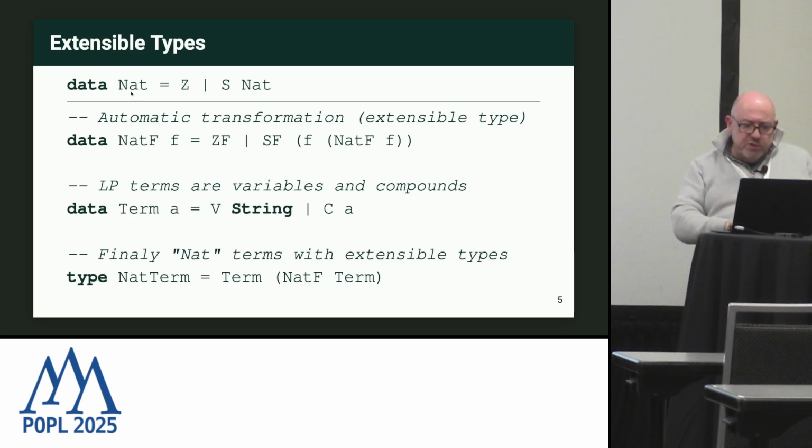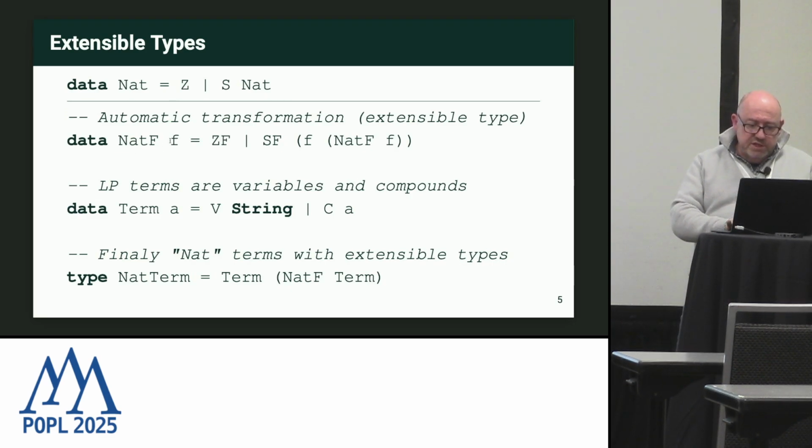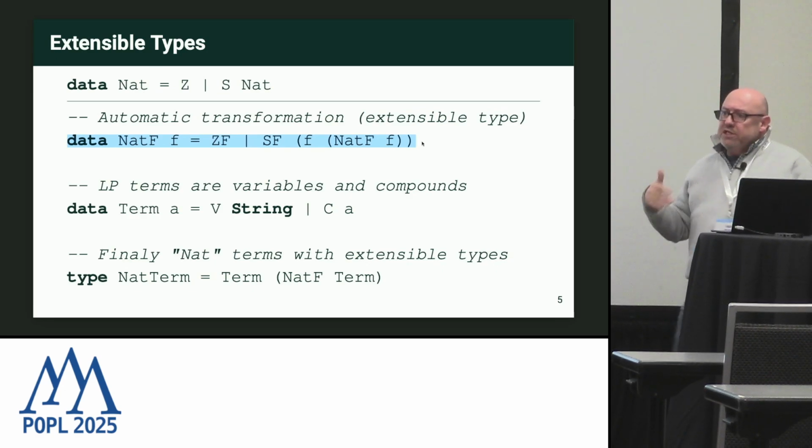So from Nat, you obtain Nat f that expects some f. So you have Zero f and Succ f, and it's applied to f applied to Nat f of f. So from these you obtain this new data definition. This is a generic construct that you can do for every type that you have.